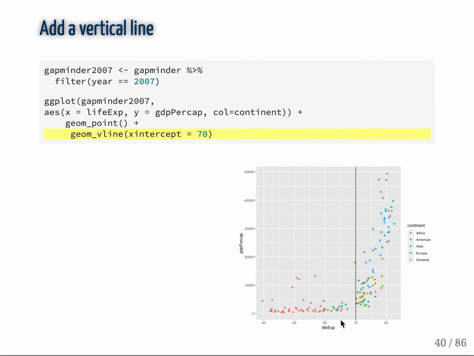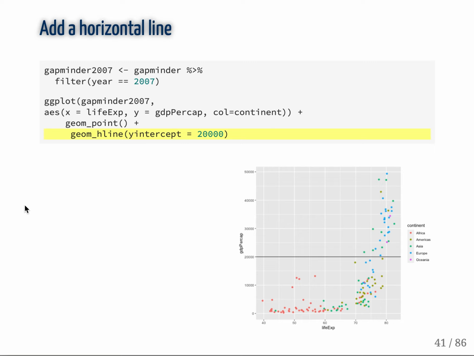If we want to give a color to the line, you can pass color equals red inside geom_vline. If you want to customize the line type, then you can pass linetype equals, within double quotations, dashed. Since we have two geoms, we have points as well as the vertical line.